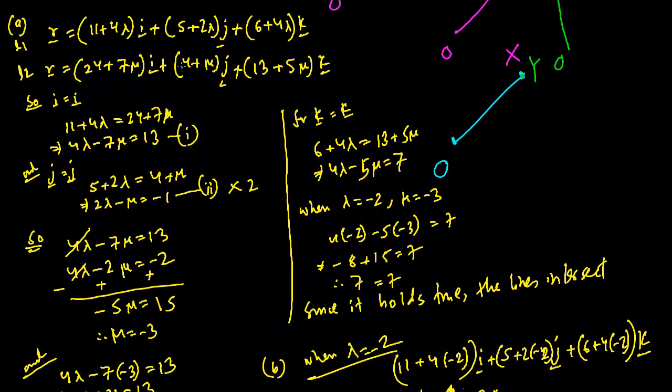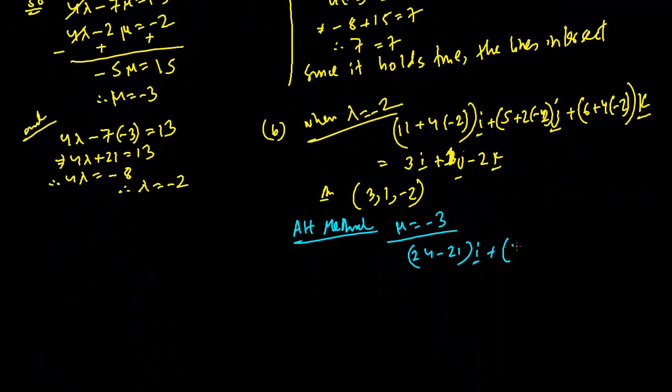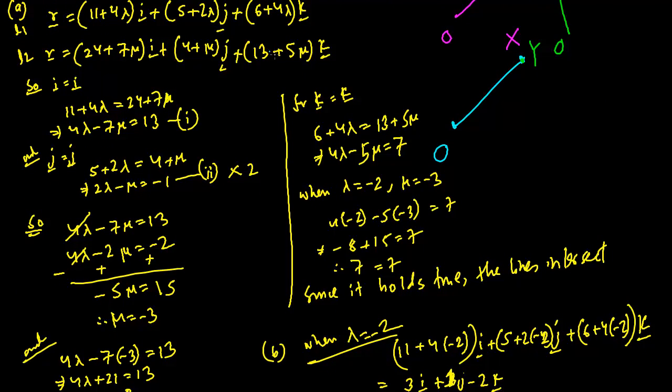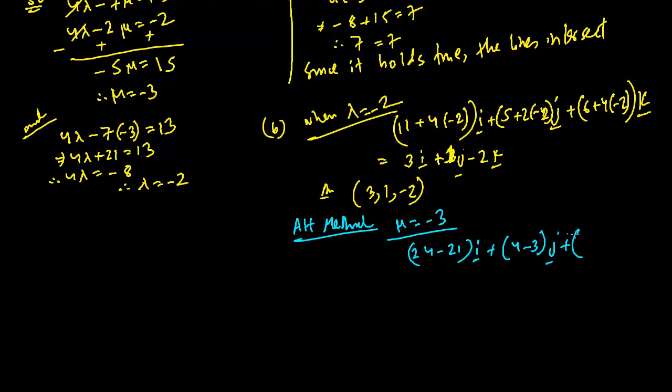Then we have 4 minus mu is 3. 4 minus 3, so 4 minus 3j. Then we have 13. 5 into minus 3 is 15. 13 minus 15, so 13 minus 15k.